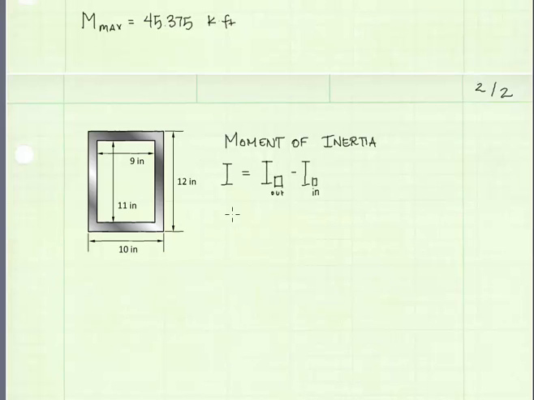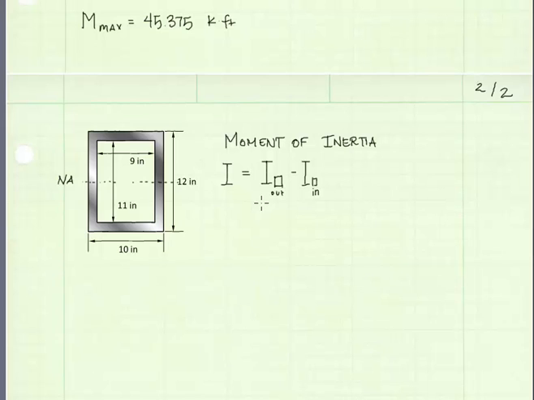In other words, I can calculate the moment of inertia for this cross-section as the moment of inertia for the outside rectangle minus the moment of inertia of the inside rectangle. I can do this because the outside rectangle and the inside rectangle both share the same neutral axis. If they did not, it would not be such a simple thing. I'd have to use the parallel axis theorem and calculate a value for d.